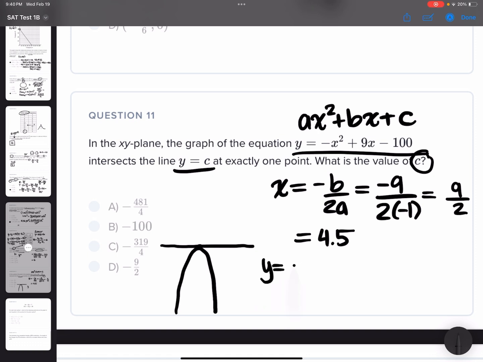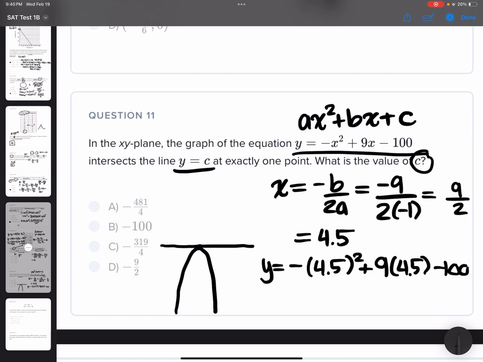Y equals negative of 4.5 squared plus 9 times 4.5 minus 100. If I were to do that, I would get some value, but it wouldn't be in fraction form anyway. So I would just plug it in and verify that the decimal equals one of the fractions, which you could just put into your calculator.